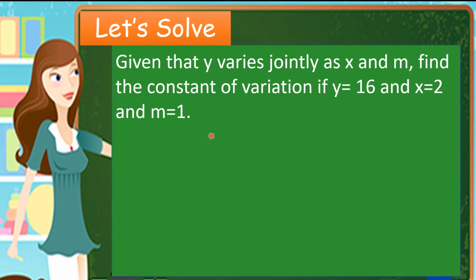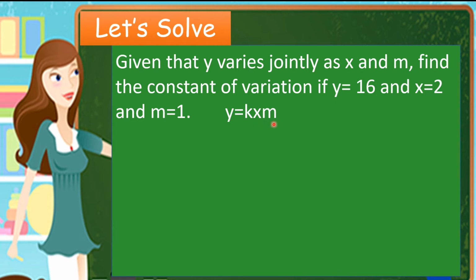So, kapag magsasolve na tayo ng problem regarding joint variation or kahit anong variation, ang una nating gagawin ay kailangan muna nating i-translate itong statement na to, yung y varies jointly as x and m. So, ang ating equation ay y is equal to kxm.